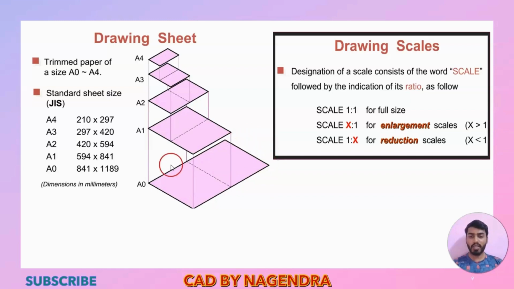So you need to create the sketch only with 50 into 25 if they give scale ratio as 1:2. Again in the place of 2 if they give 3, again 1 by 3 parts we need to make, and we need to consider the proper standard scales, and we need to create the sketch. So that is the meaning of these scale ratios. I hope you have understood this. Let's move into the next slide.